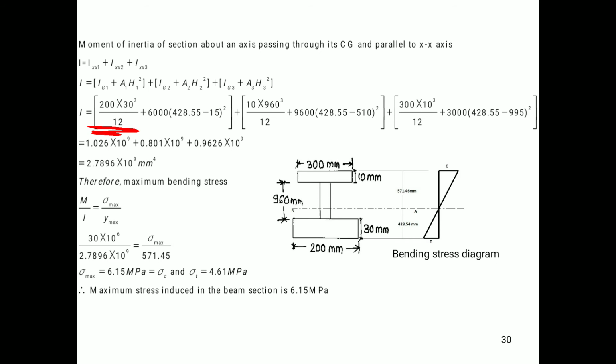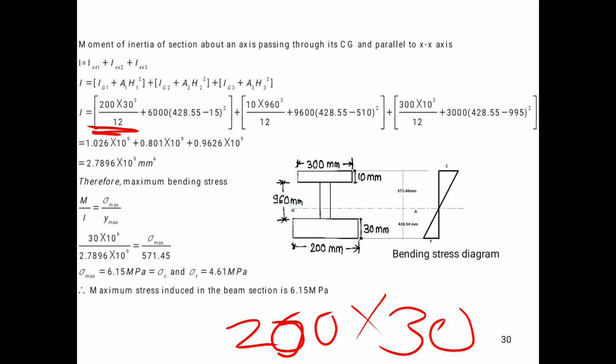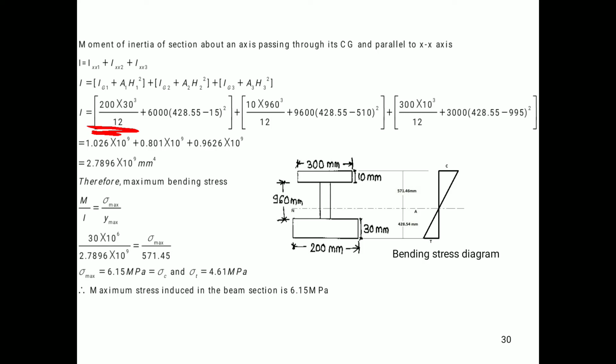In the same manner, plus we have the area A1, which is 200 into 30 mm, so it will become 6000. Now the very tough and complicated part is to find the value of h1. How to find the value of h1?